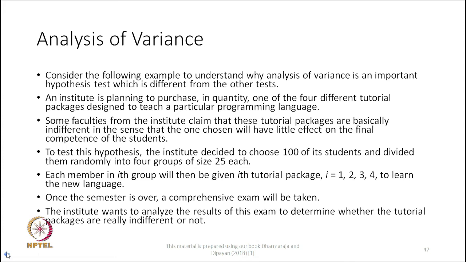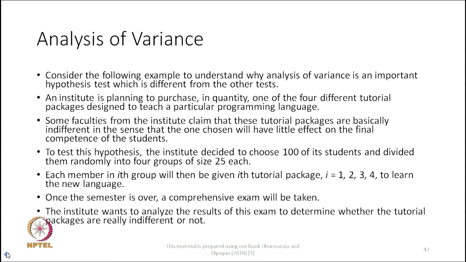An institute is planning to purchase in quantity one of 4 different tutorial packages designed to teach a particular programming language. Some faculties from the institute claim that these tutorial packages are basically indifferent, in the sense that the one chosen will have little effect on the final competence of the students.